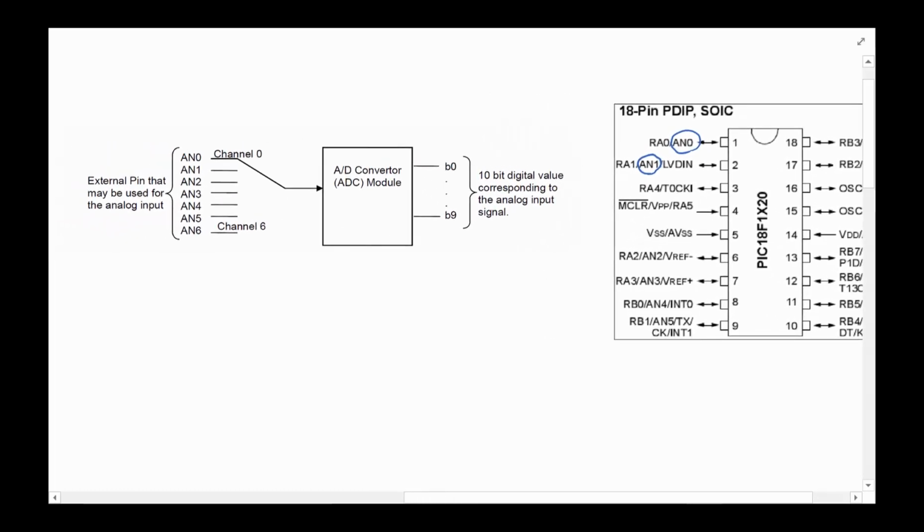In reality, we only have one A to D converter, but we can tell it to get its input from one of these. When you're sensing a temperature, you don't have to sense it every second. You can sense it once and then come back and sense it a minute or 2 minutes later.